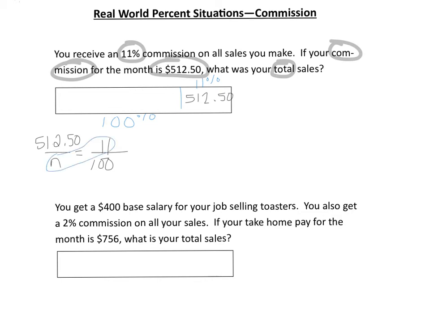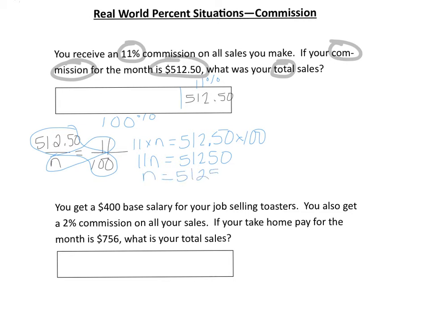Cross multiply as we have been doing, and you're going to multiply 11 times n and $512.50 times 100. And we end up dividing 51,250 by 11.